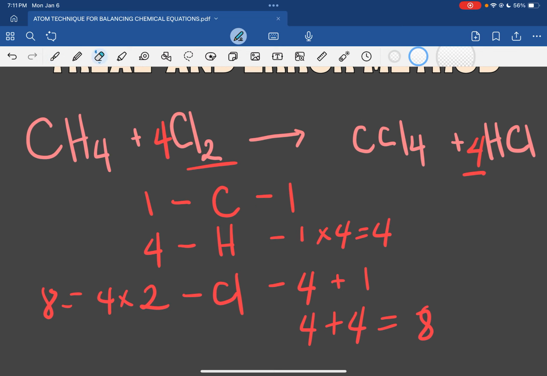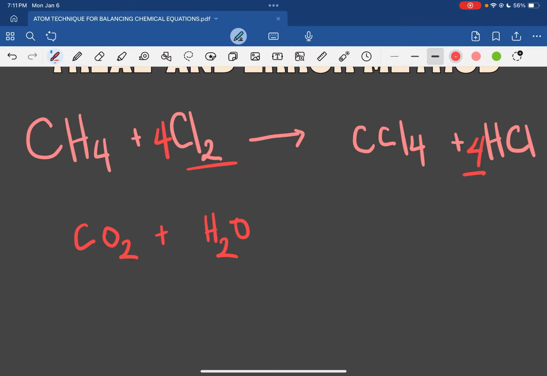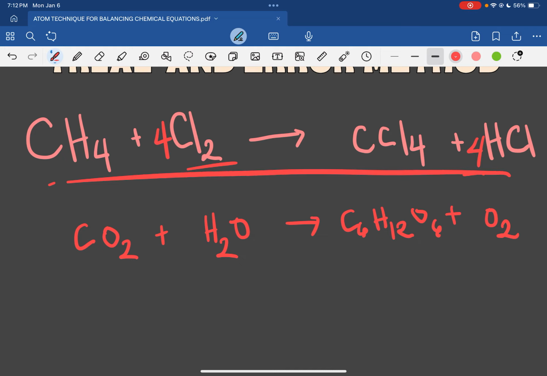But if you encounter a more complex balanced chemical equation, such as the equation for photosynthesis, let's say, as you can see, there are a lot of elements, and it's quite complex in comparison with this chemical equation.